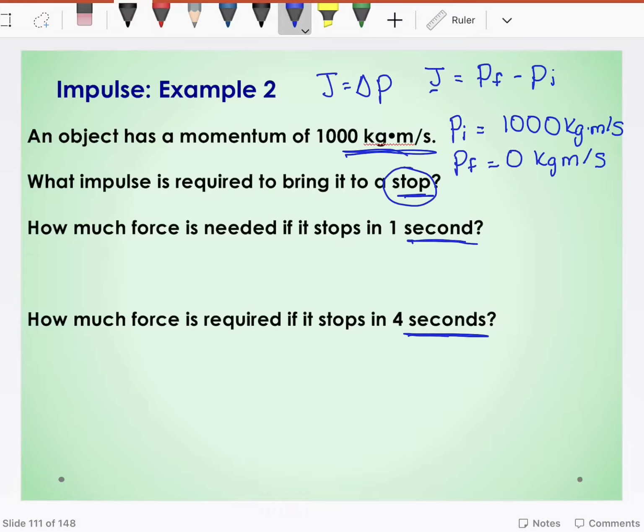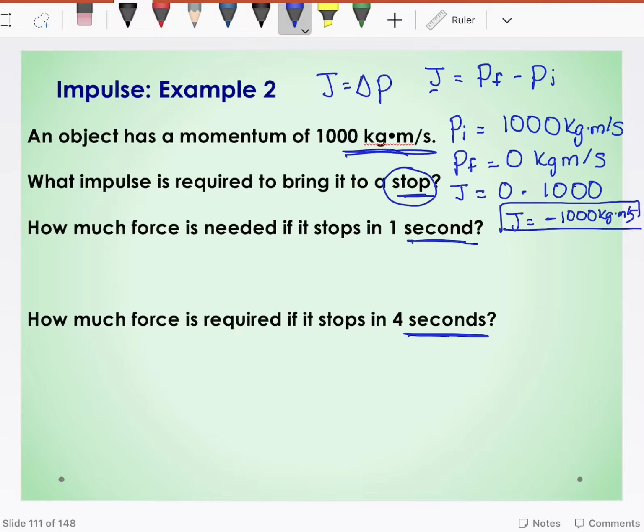Therefore, in order to calculate my impulse, I go final minus initial, which means my impulse is actually negative 1,000 kilograms meters per second. I could leave it in those units, or I could write it as Newton seconds.